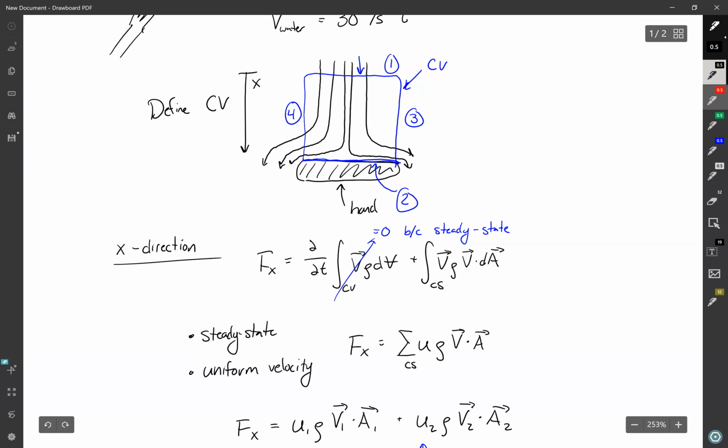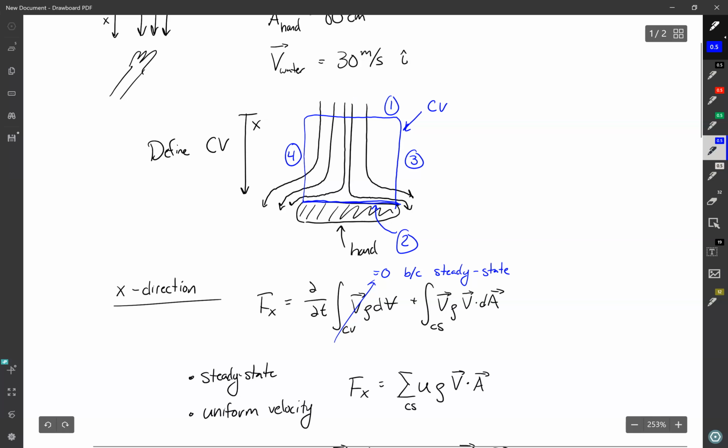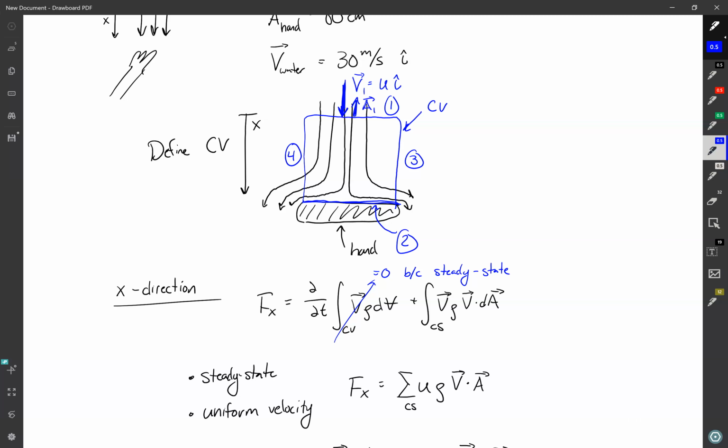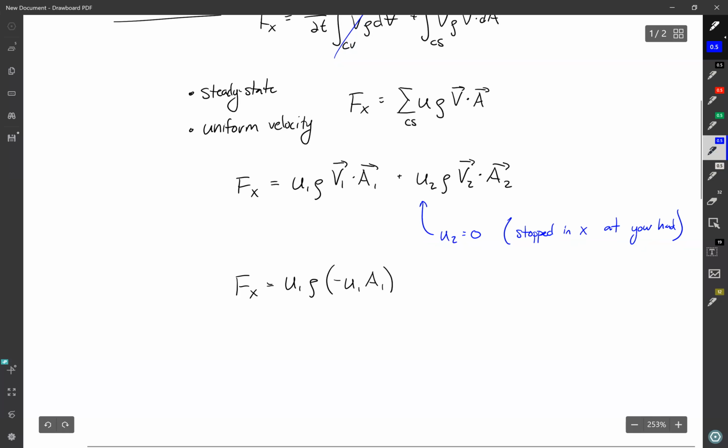Just to describe how I'm getting that, right? We have a velocity. This is v1 equals u1 i hat, and a1 as a vector is a1 negative i hat because it's the outward normal.